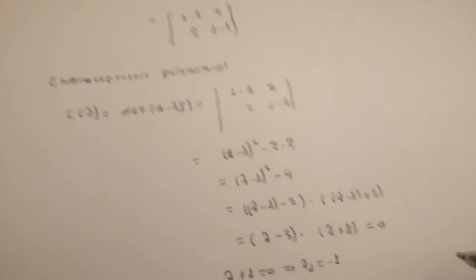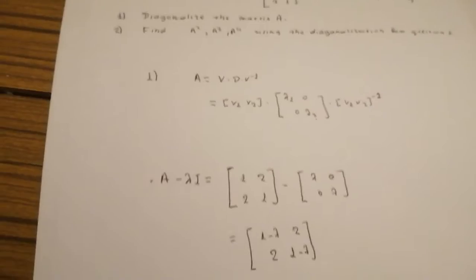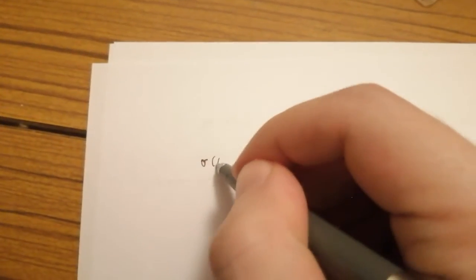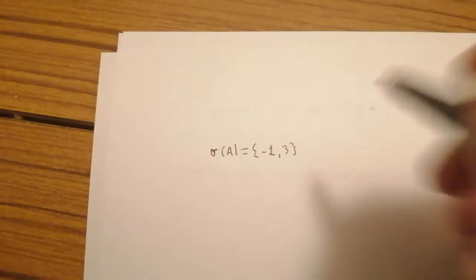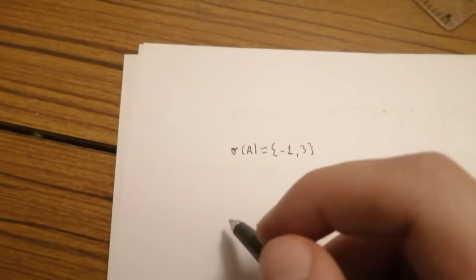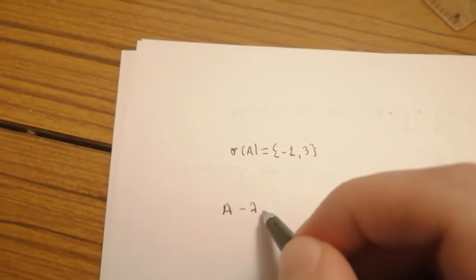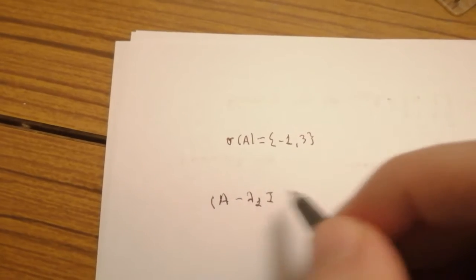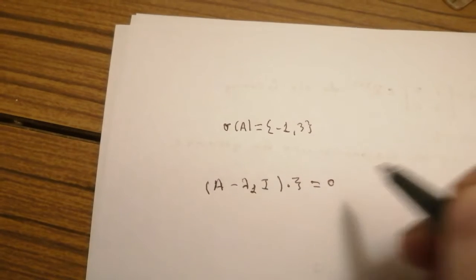The next step is to compute the eigenvectors. So let's write the spectrum again: minus 1 and 3. We now form A minus lambda 1 I times xi, which is a vector, equal to 0.